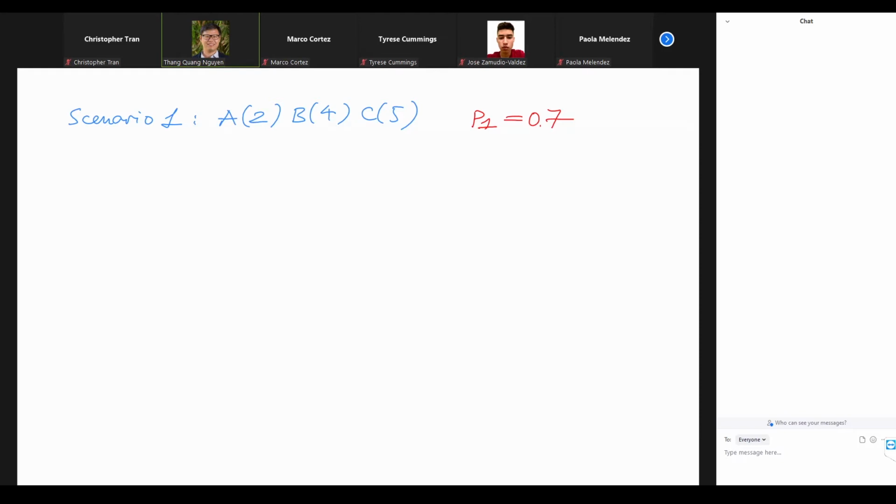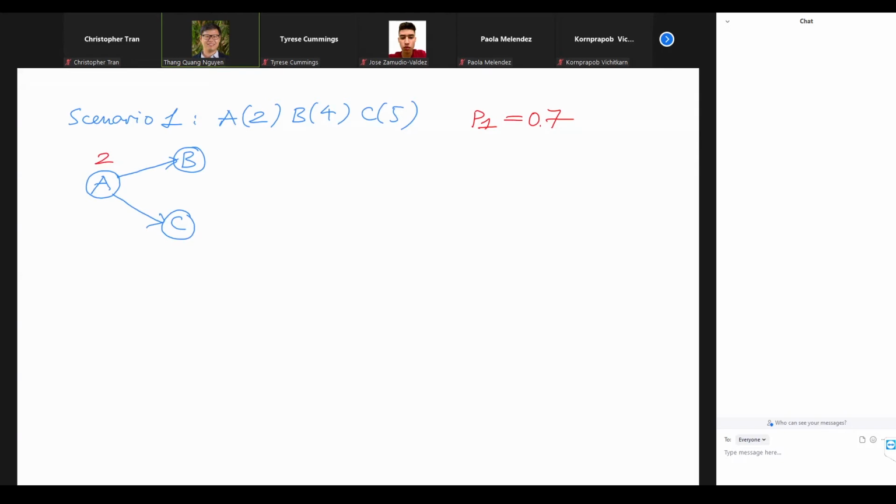To do that, we draw as usual. We go back to the critical path method. We draw the project network like this. A is required before B, A is also required before C, and that's it. It's a very simple project.